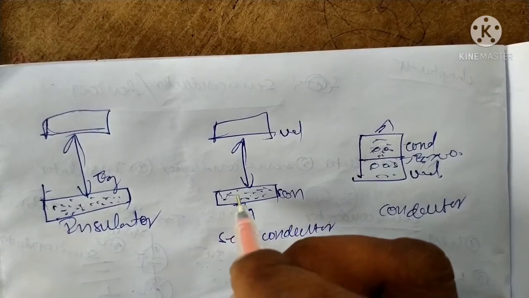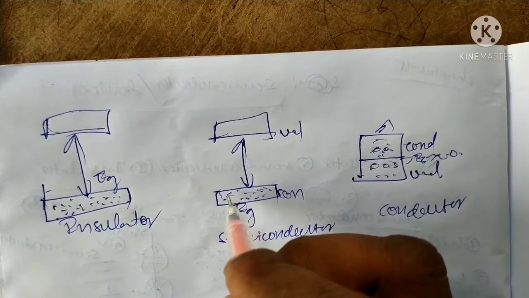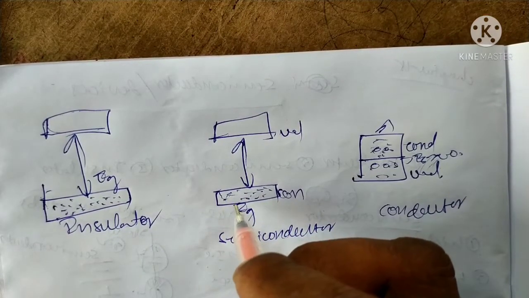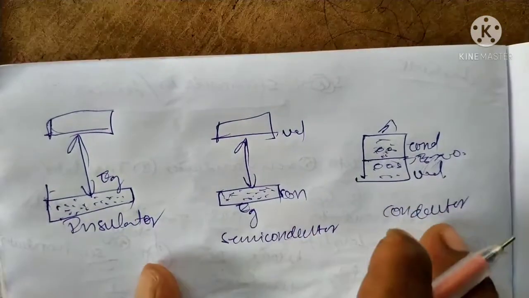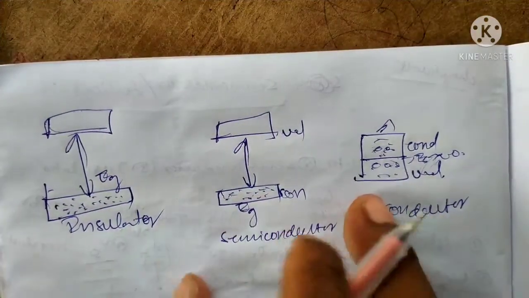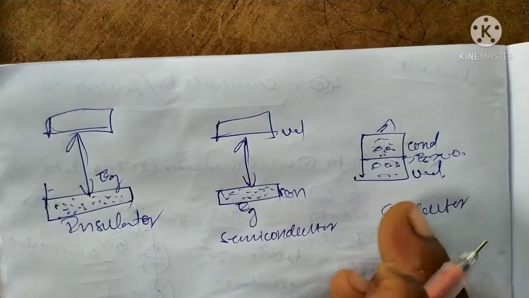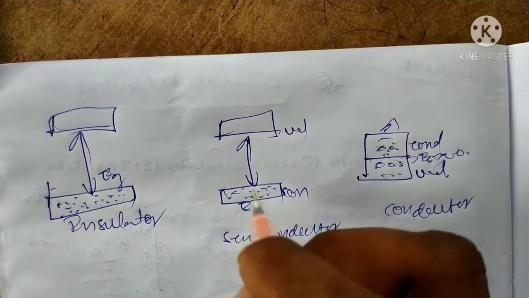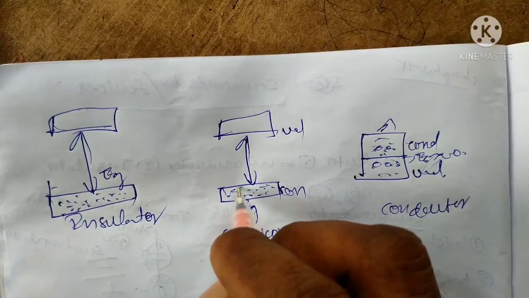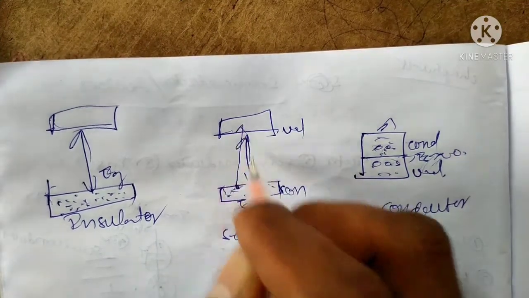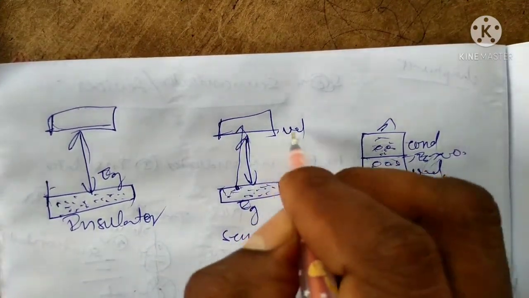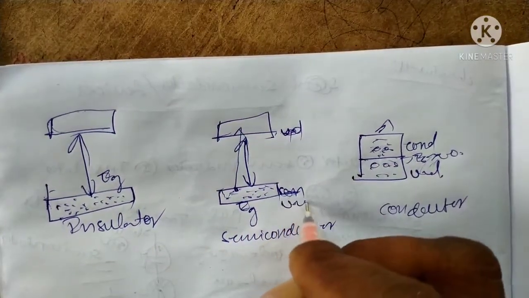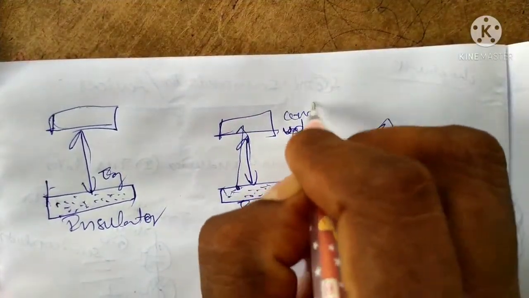Going to the semiconductor. We are talking about conductors, semiconductors and insulators at 0 Kelvin temperature. Some of the electrons jump to the conduction band. Here this is the valence band and this is the conduction band.